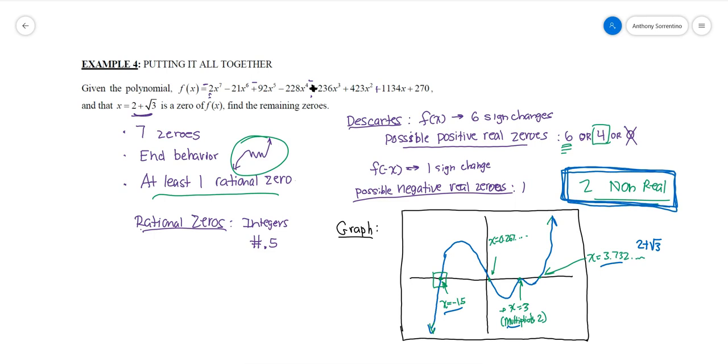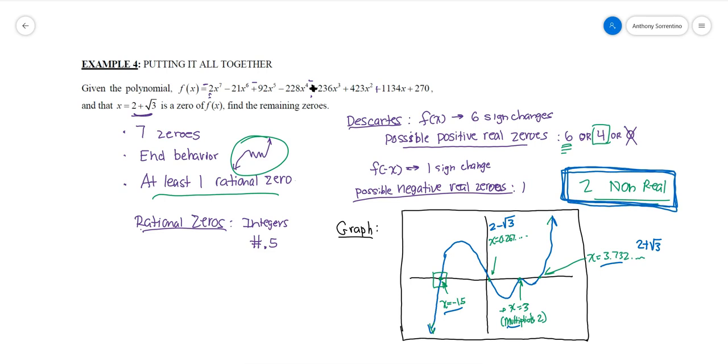But because my original function f of x had integer coefficients, which means they're all real number coefficients, they're also all rational, if 2 plus square root 3 is a factor, or a 0, 2 minus square root 3 is also a factor, and that's what this one would be.